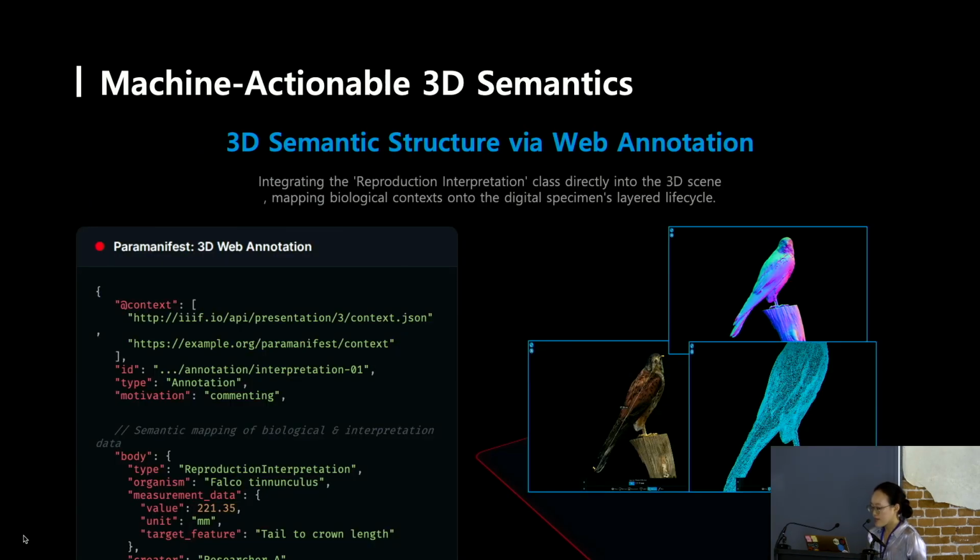And then we use the fact that the IIIF Presentation API introduces 3D scenes by connecting images and contents to the canvas through annotations. In other words, we used web annotation within the 3D scenes to show the metadata context.